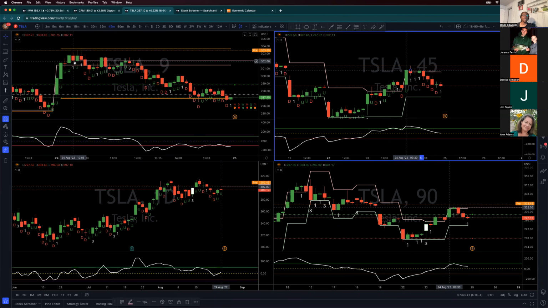So if you had taken this position right here off this inside bar, and then it failed to go 2 up, right? Because again, we don't want to be trading inside 45, inside 60, inside 90. So this is your inside bar. It goes up, comes back inside, and then goes 2 down, turns your 45 red, you're exiting this position.